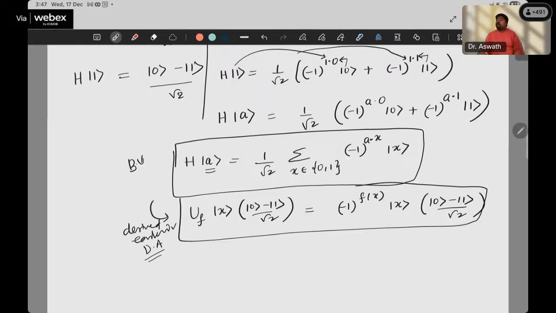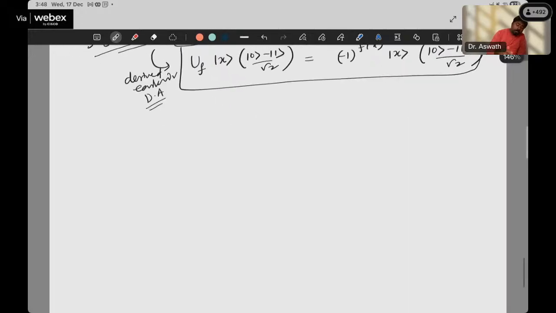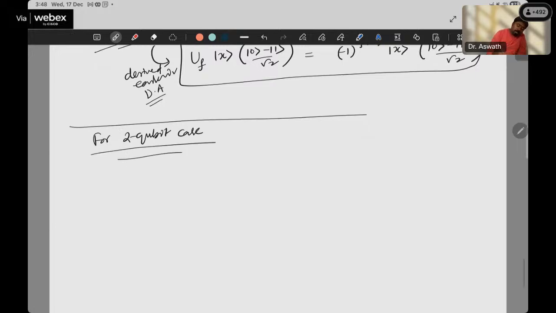This is the single qubit case. But if I have a 2 qubit case or any n qubit case, what will it be? For a 2 qubit case, there are two Hadamards acting, a Hadamard squared acting on 2 qubits, both starting in 0.